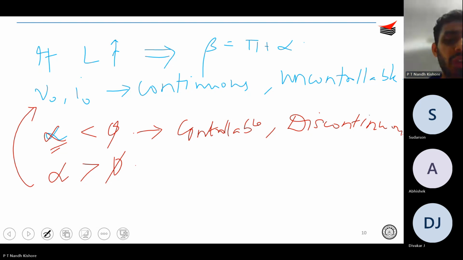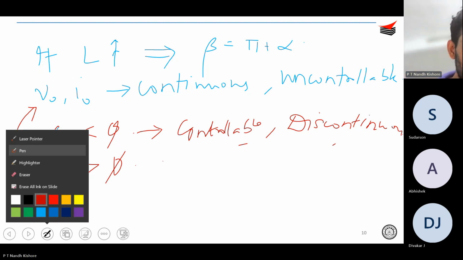I'm not going into the derivation part, but you can understand that there is a relation between your firing angle and your load angle. Turns out that if your firing angle is very less than your phi, then the converter is controllable and discontinuous, and if it is more, it's continuous and uncontrollable. Or, I think I have told it the other way around. Sorry.